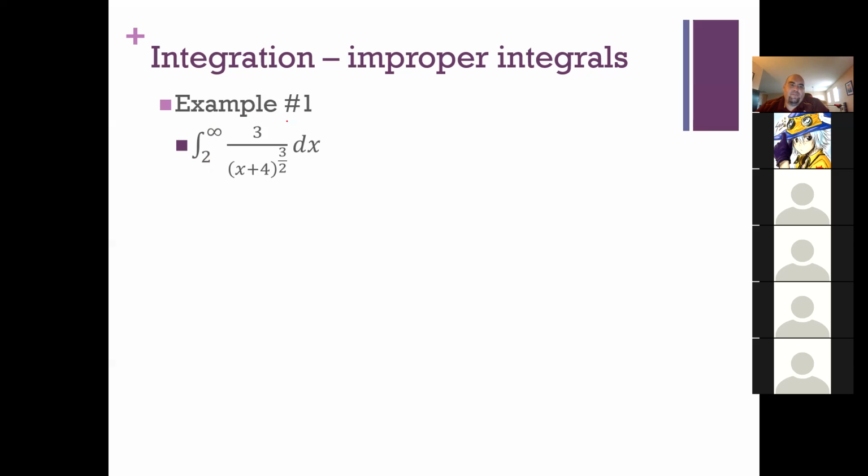I have this integral from 2 to infinity of 3 over x plus 4 to the 3/2. So hopefully by now you're seeing the analogy between a p-series test and integrals that look like this. So based on this function I'm about to integrate, should we expect this to converge to some number, or should we expect it to diverge?